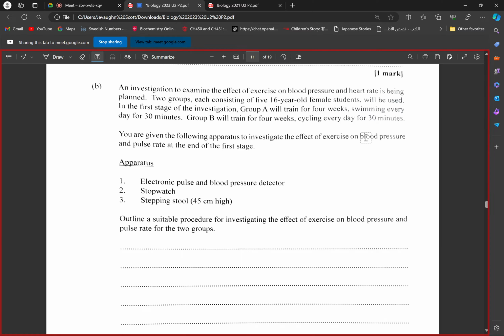You are given the following apparatus to investigate the effect of exercise on the blood pressure and pulse rate at the end of the first stage. So we have the electronic pulse and blood pressure detector, a stopwatch, and a stepping stool. Outline a suitable procedure for investigating the effect of exercise on blood pressure and pulse rate for the two groups.